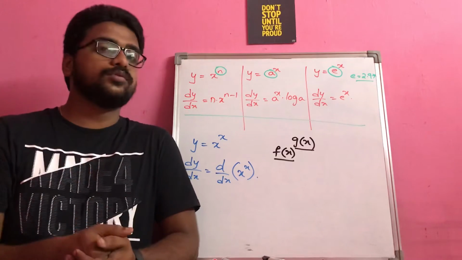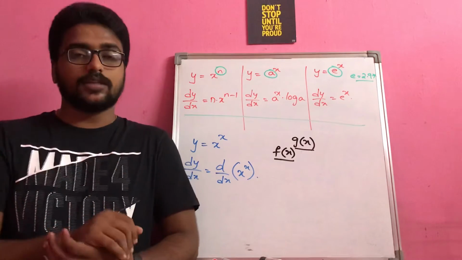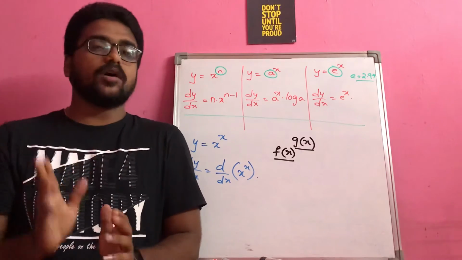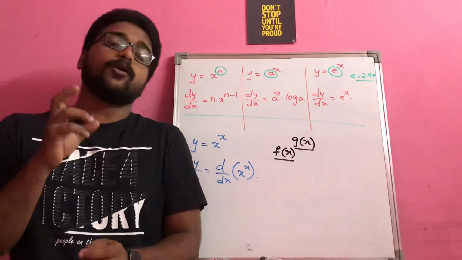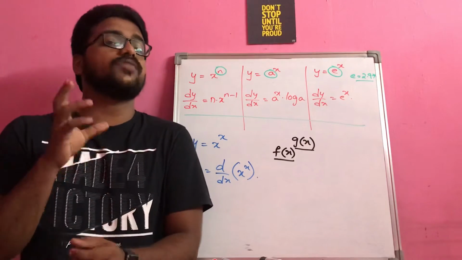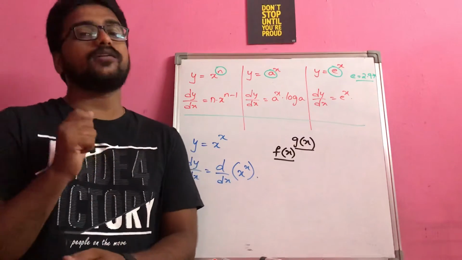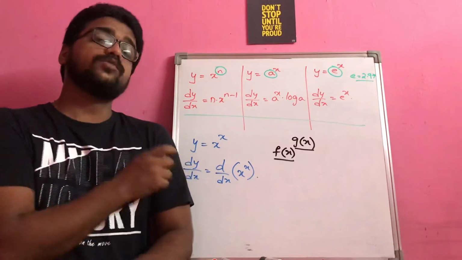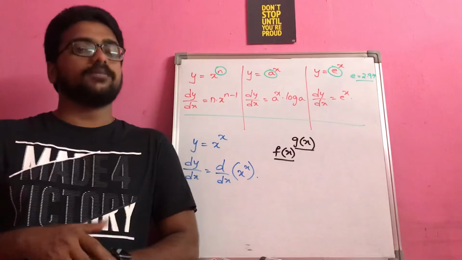So what do we have to do? To find out the differentiation for that, logarithm will help you out. In what sense will the logarithm help you out? The properties of logarithm are very helpful for us to find out the differentiation for this type of functions. This is one of the main applications of logarithmic functions.